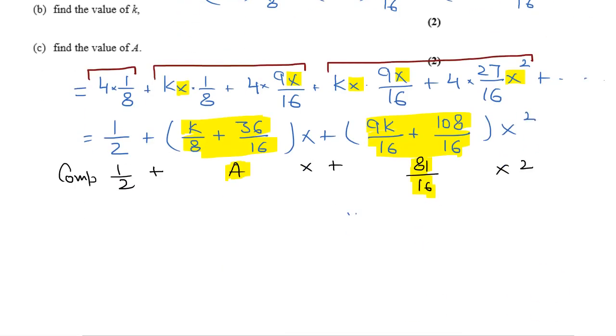So let's compare this value. So first we calculate the value of k. So 9k over 16 plus 108 over 16 is equal to 81 over 16.